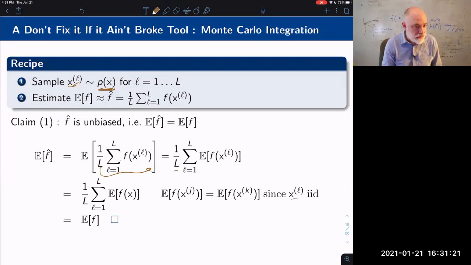Since the x_l are IID, by design or by assumption, which is pretty important, the expected value of all of these things is the same, so we might as well just refer to it as an x. There are L of them, and those two things cancel, and that's just the expected value of f.